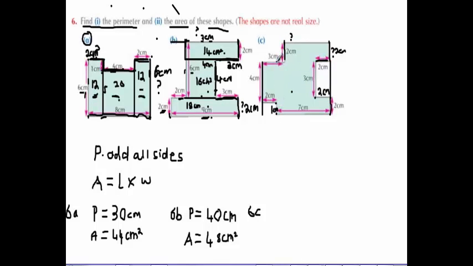Well, if we were to draw a line just down here, it would help us. We really need to find out what this distance is. This line here. If we go 7, take away whatever distance that is, then that would give us the distance from here to here. So how do we find out the distance from here to here?